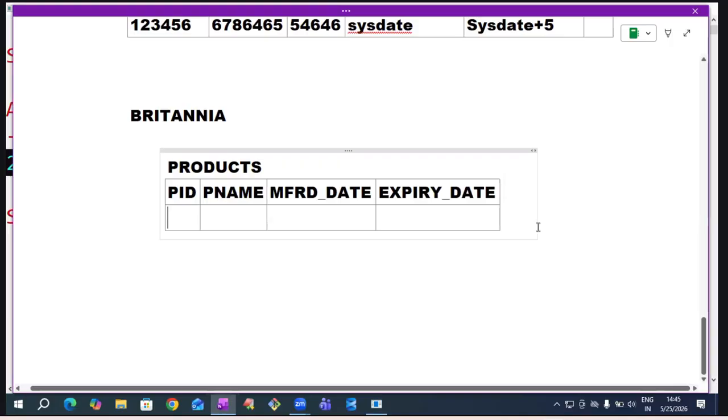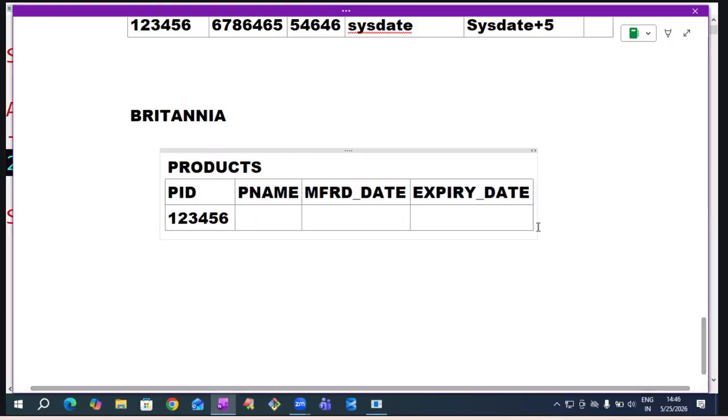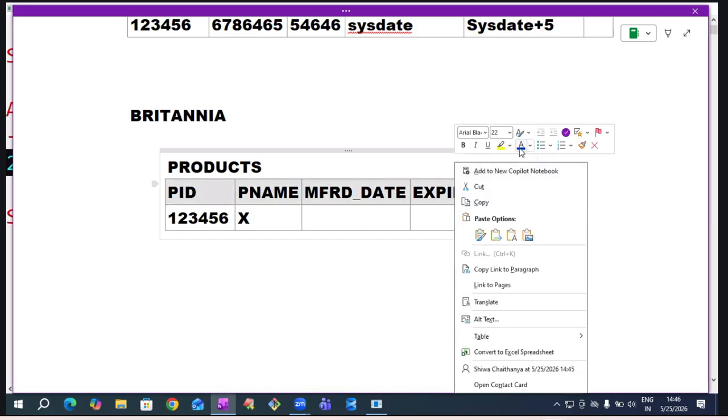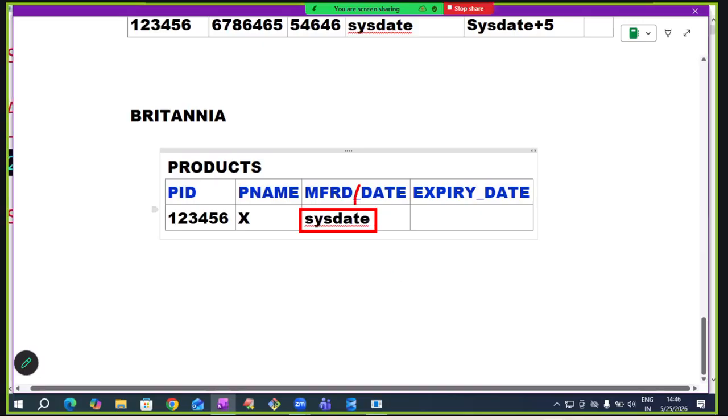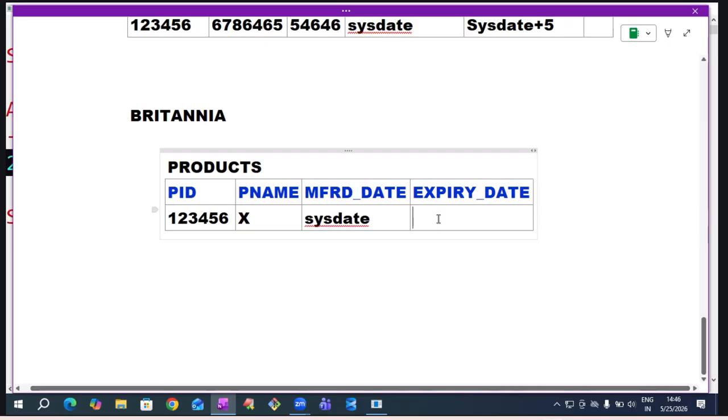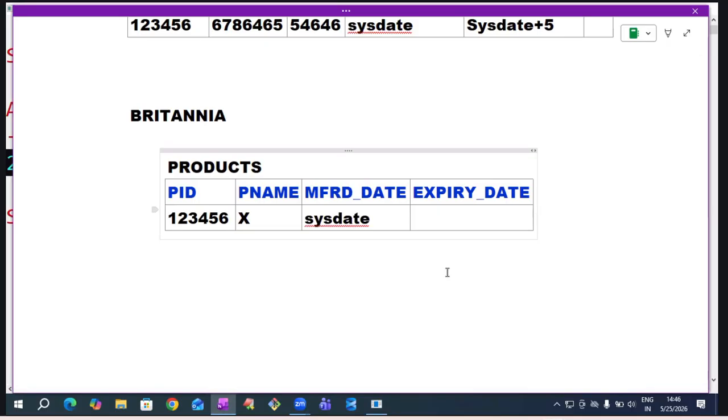So and so product manufactured today. To insert today's date, this product must be consumed within 3 months. After 3 months date is the expiry date. To the manufactured date, add 3 months.